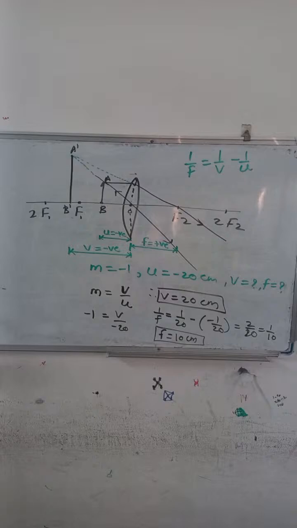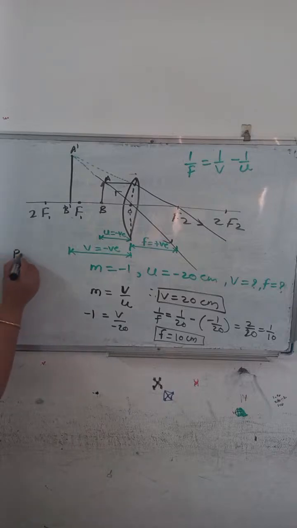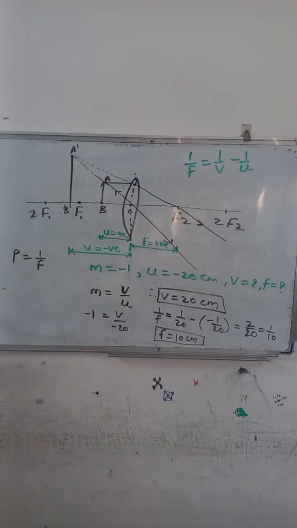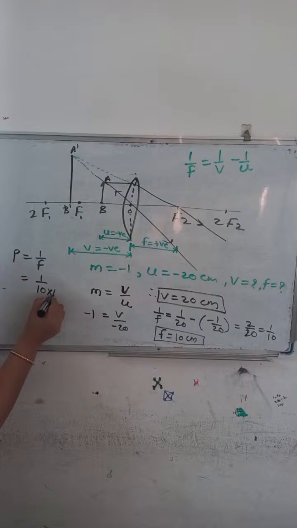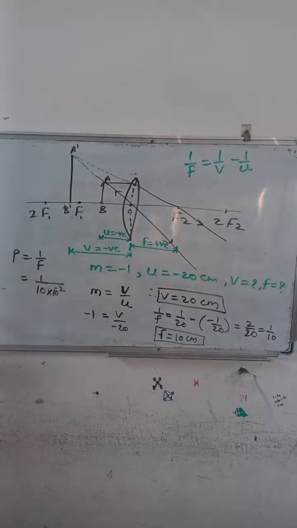Getting this? Once you get the focal length, you can calculate the power, which they are also asking. Power is nothing but 1 by f. Substitute the value: 1 by 10 centimeter, and I am multiplying by 10 to the power of 2 to convert this into meter.